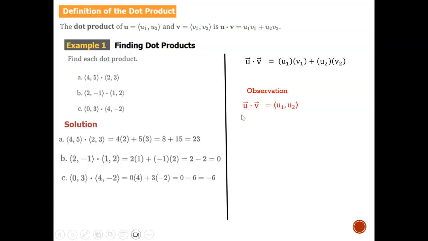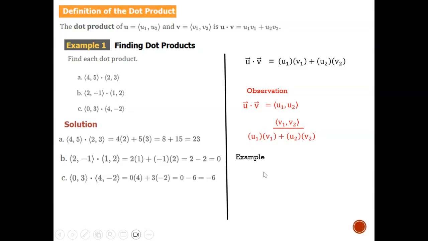If you have vector u, which will be u1, comma u2, the observation is to put them vertically. So you put vector v, component v1, component v2 beneath it. Now for the dot product, you multiply the first components, and then you multiply the second components, and then you add them.